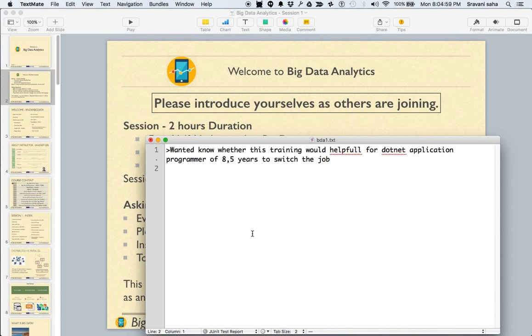Also, as part of the analysis there is another section called prediction. If any of these three lines interest you, then big data analytics will be helpful for you. Generally in big data analytics you do not program in Java, but you might have to code in R or a similar kind of analytics language like Hive or Pig.